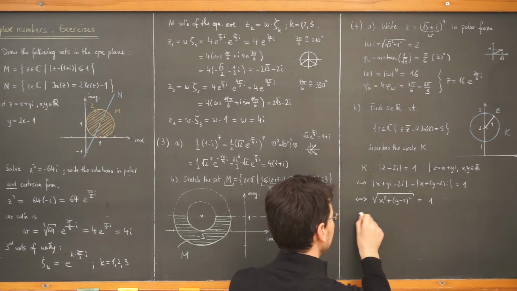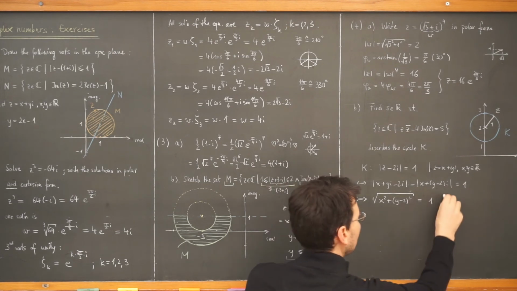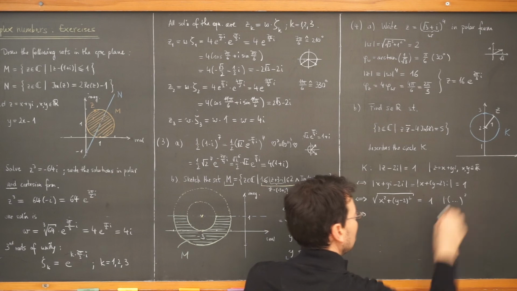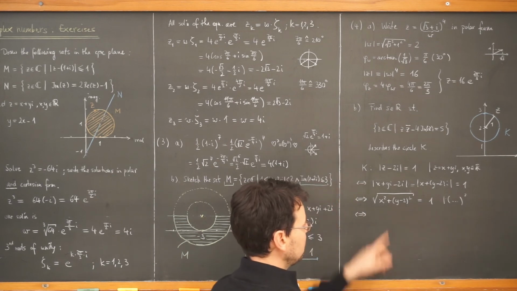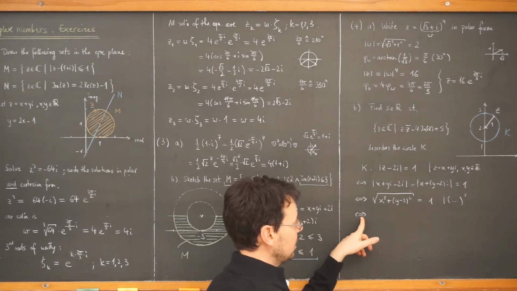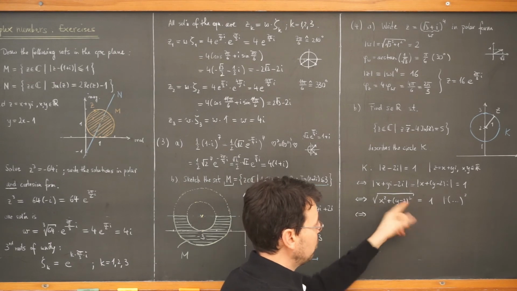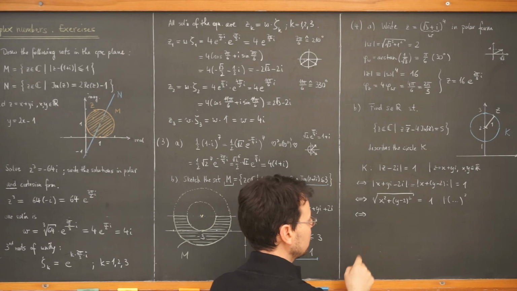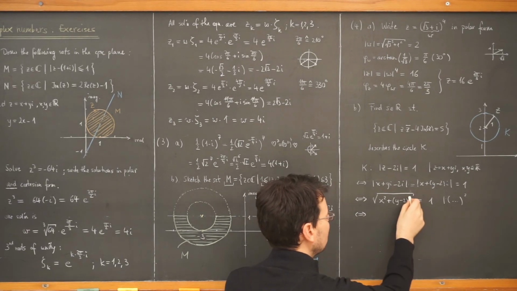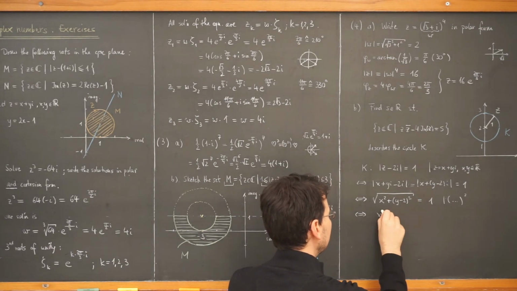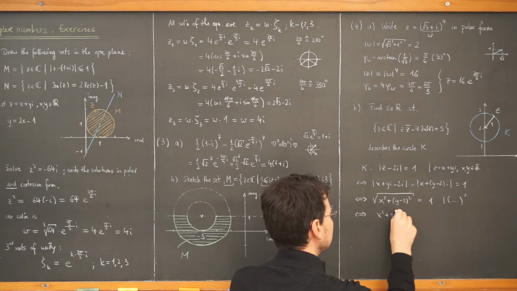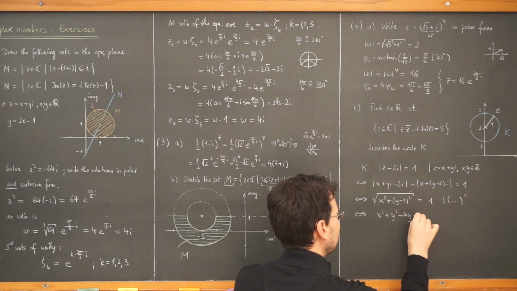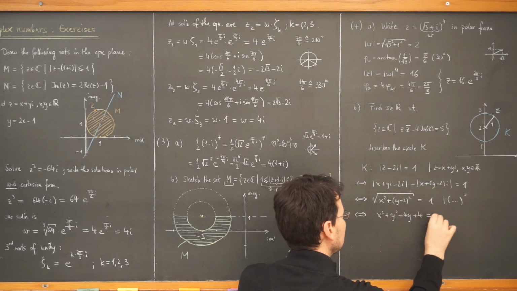This must be equal to 1. And now I square this equation. Be aware that this is an equivalence because both sides are non-negative. So this here is important. You should write that down for yourself. So we have x squared plus y squared minus 4y plus 4 equals 1.